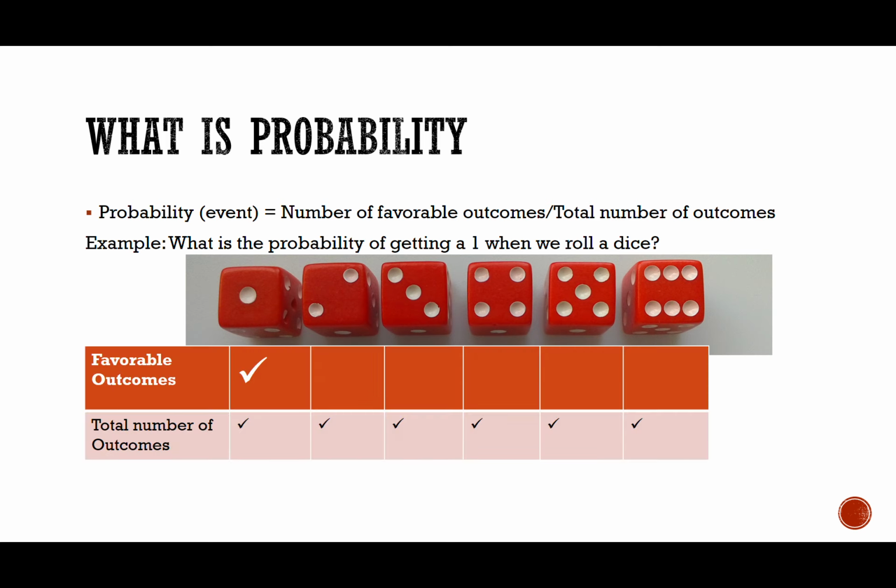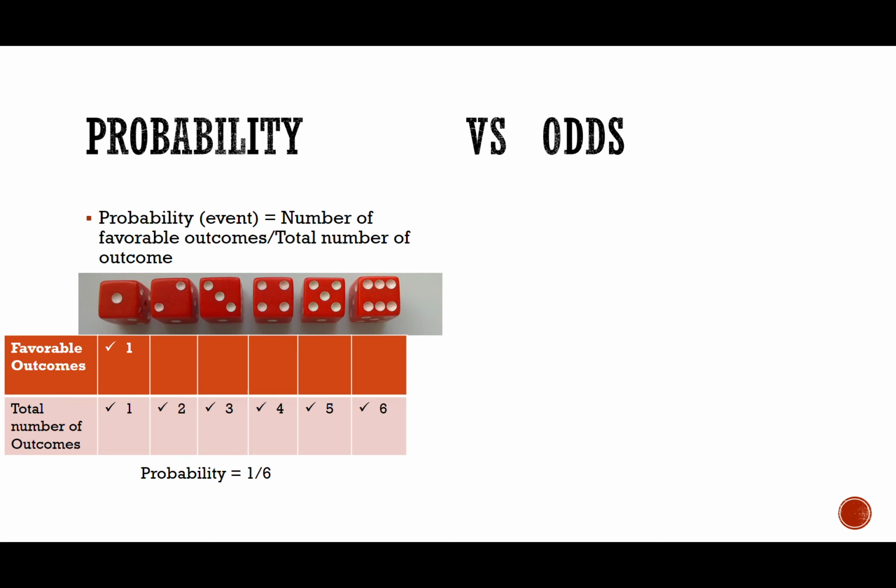The favorable outcome I can get out of this sample space for 1 is 1. And the total number of possible outcomes I can get is 1, 2, 3, 4, 5, 6. So the probability of getting a 1 when we roll a dice is 1 by 6.